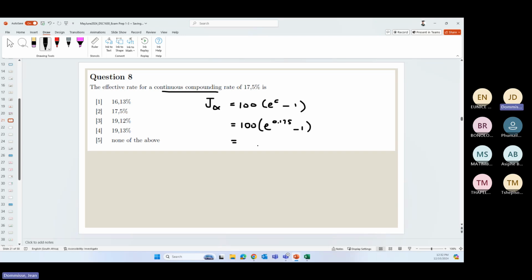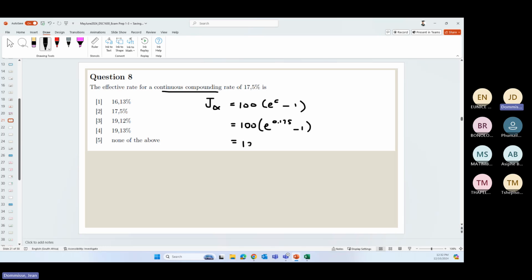So let's do it again. The calculator can now be used for the e, otherwise I don't know what e to the power of 0.175 is. I need to use my calculator for that.